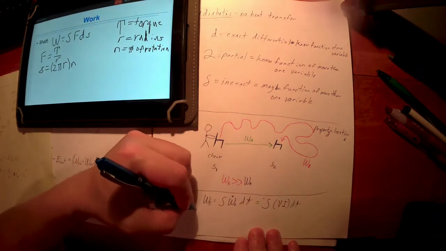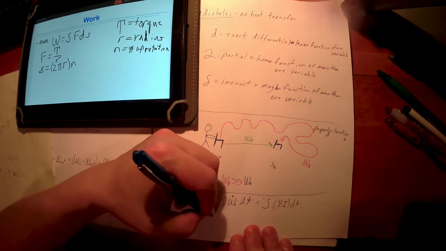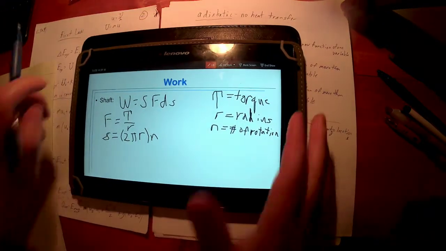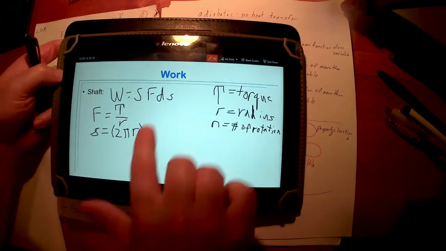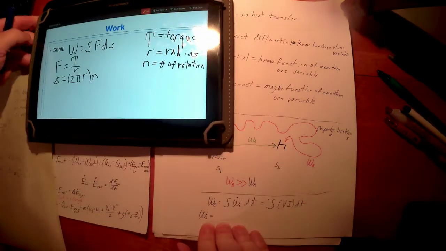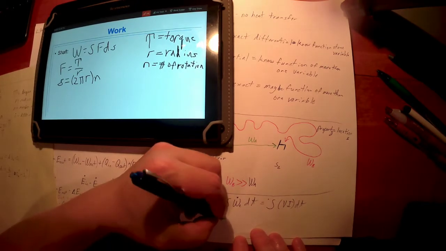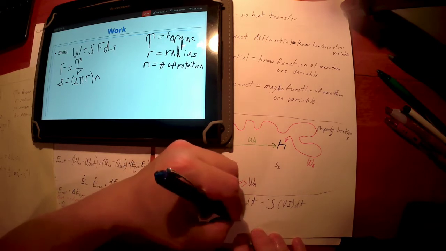And we've said that shaft work is equal to, if I'm assuming that the force is constant here, force times distance. We mash all that together mathematically, and this is going to be the torque times 2 pi times n.